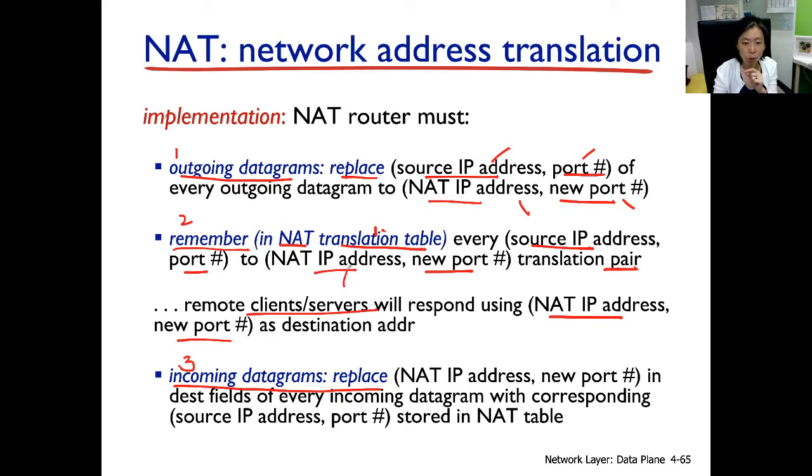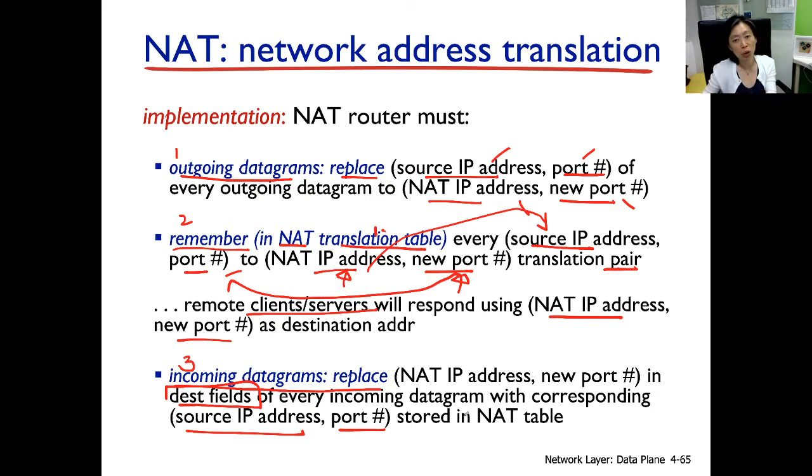So it's matching this IP address and matching this new port number, and therefore translates the IP address back to the corresponding source IP address, and translates the port number to the corresponding original source port number. And therefore, you see the destination fields are going to be replaced by the original IP and the original port number. And that packet then will travel the local network and reach the destination.